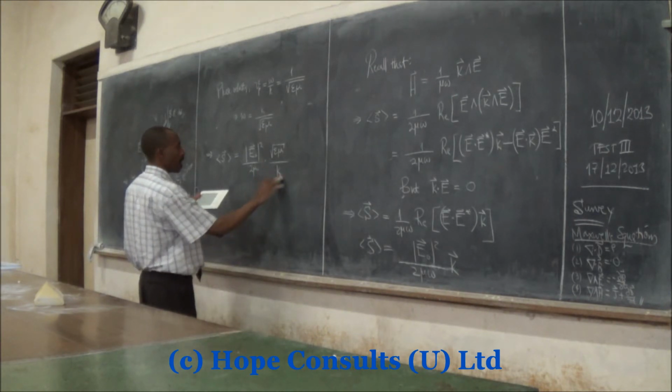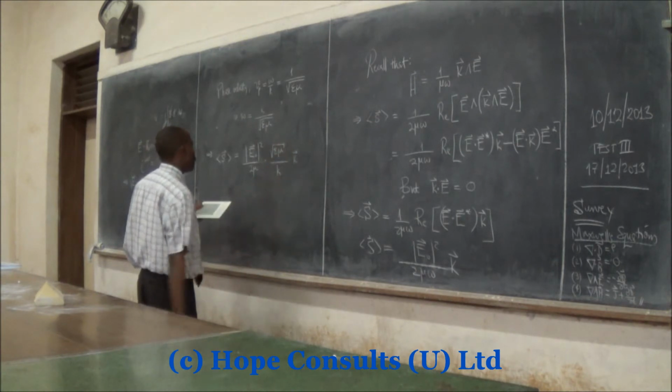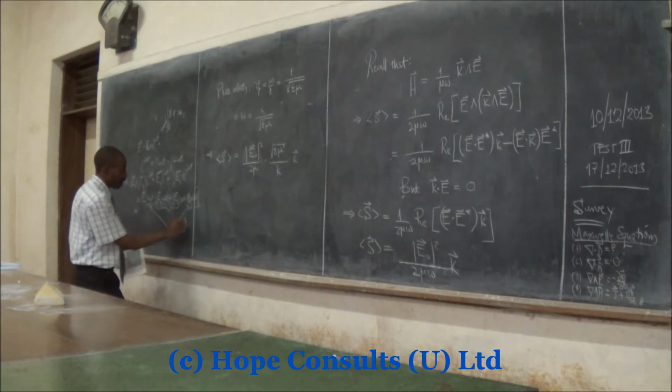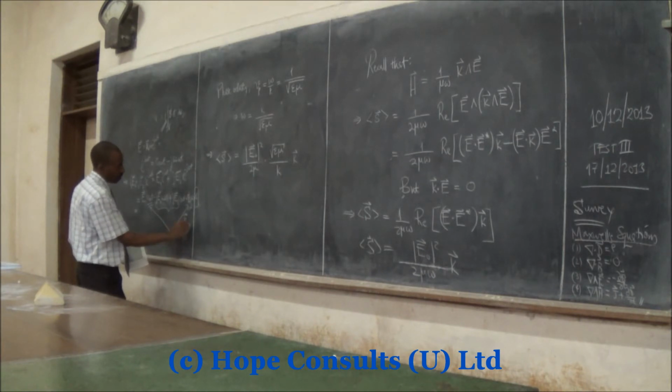And then that would be multiplied by the vector k. But the vector k over the magnitude of k would be equal to k root.